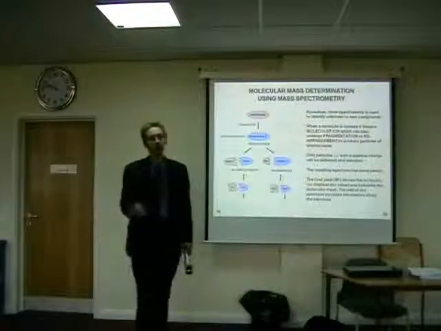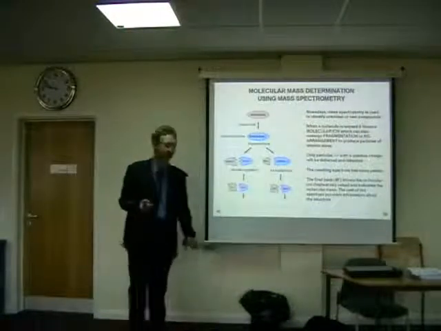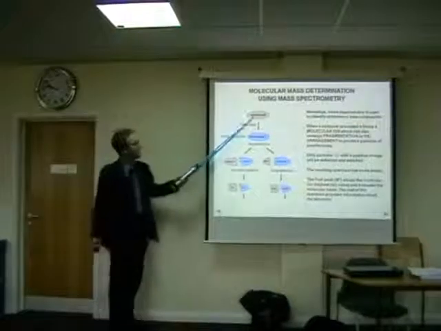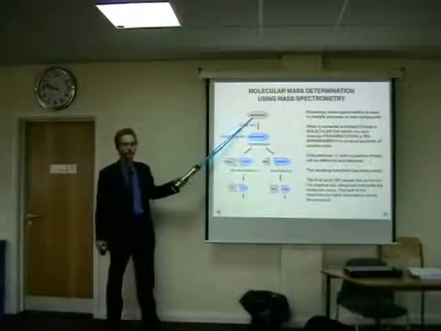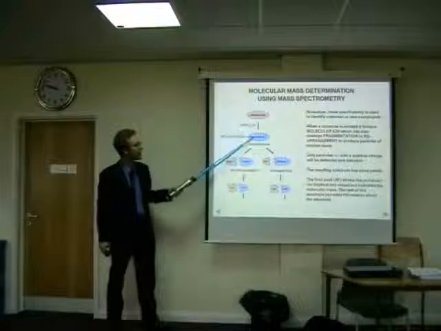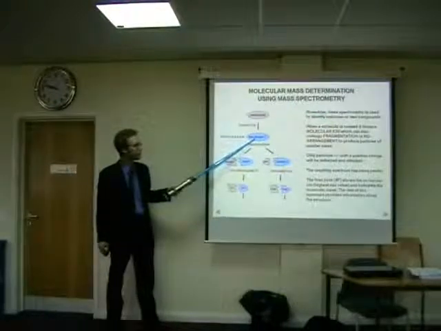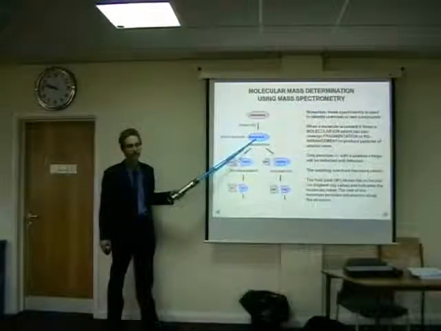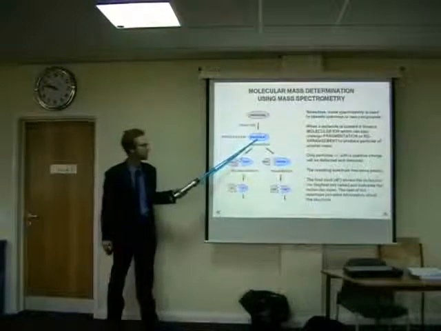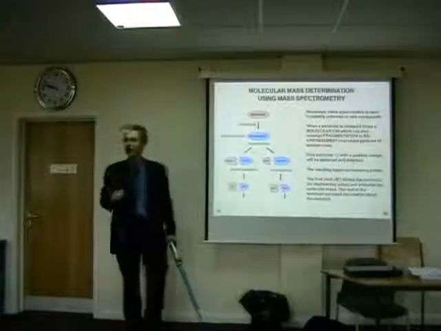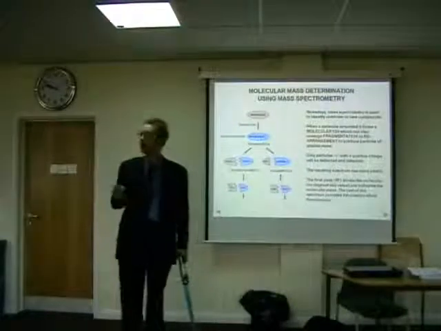Now we're going to move on to Module 2, mass spectrometry. Start off with the molecule. It gets ionized, and what you end up with is a molecular ion. It's lost 1 electron, but that electron has come from a pair.